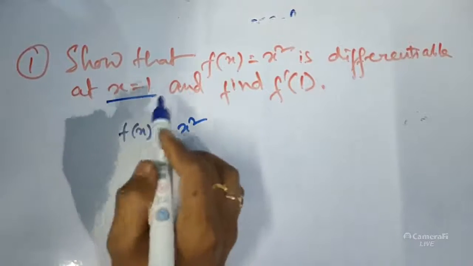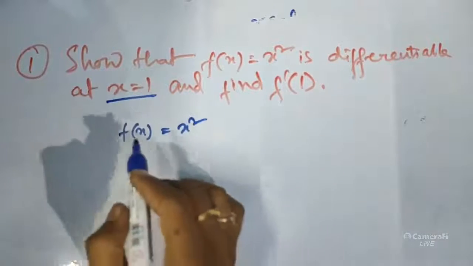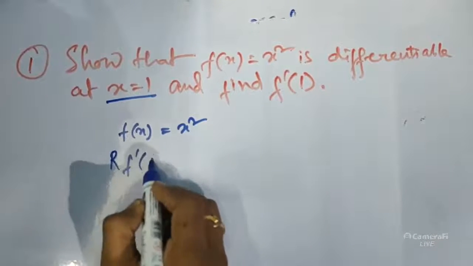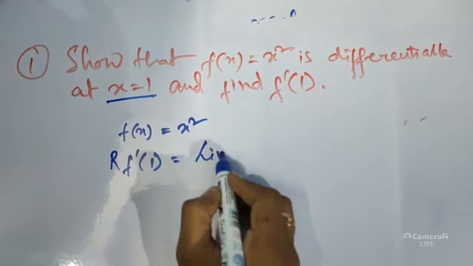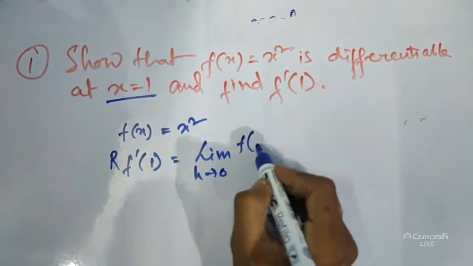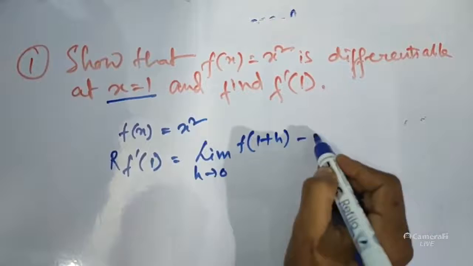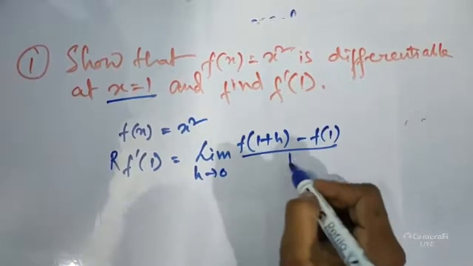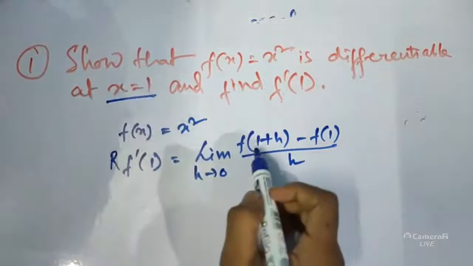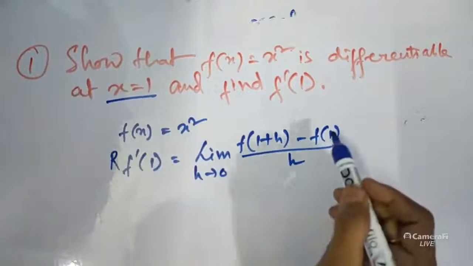That means a equals 1. So we know that Rf dash 1 equals limit h tends to 0 f of 1 plus h minus f of 1 divided by h. In the place of a, 1 is given, that's why 1 plus h.